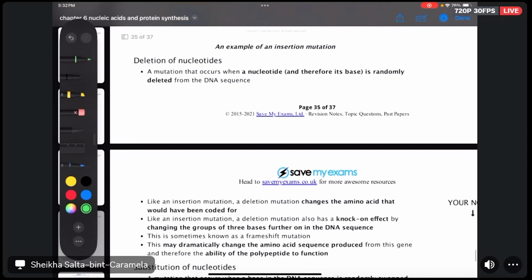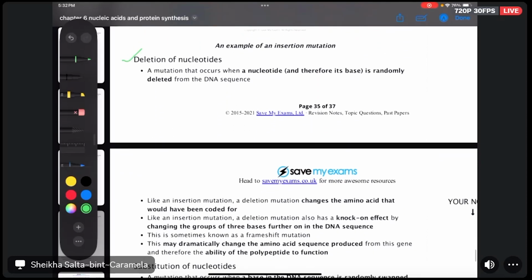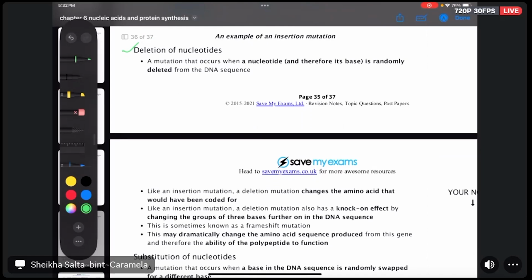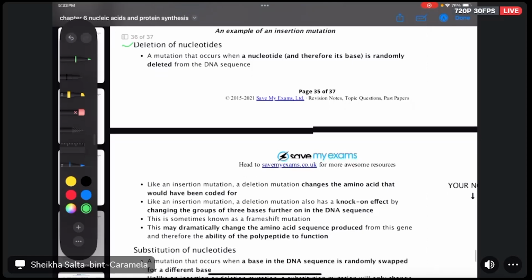Another is deletion of nucleotides. A random base is deleted from the DNA sequence, and this changes the amino acid that would have been coded for. Like an insertion mutation, a deletion mutation will also cause a knock-on effect by changing the groups of three base pairs further on in the DNA sequence.